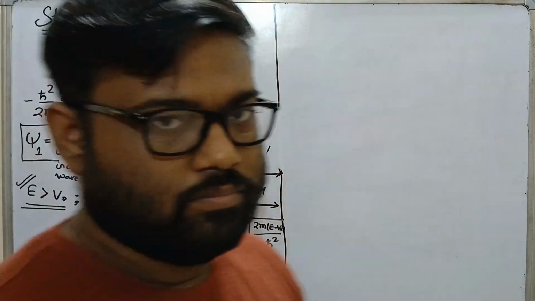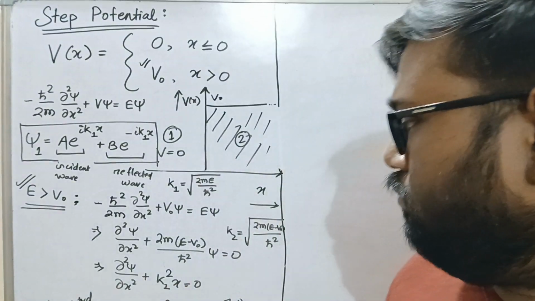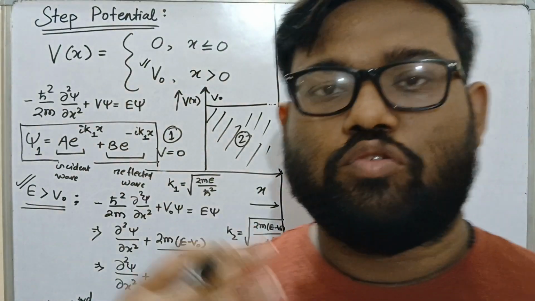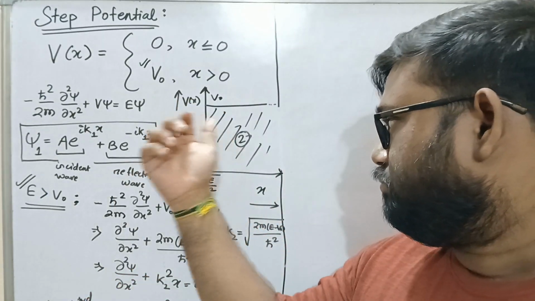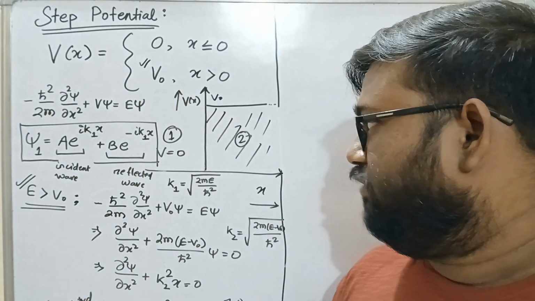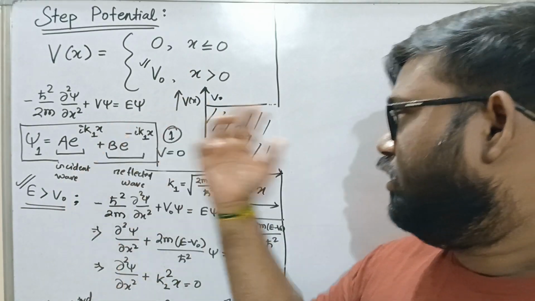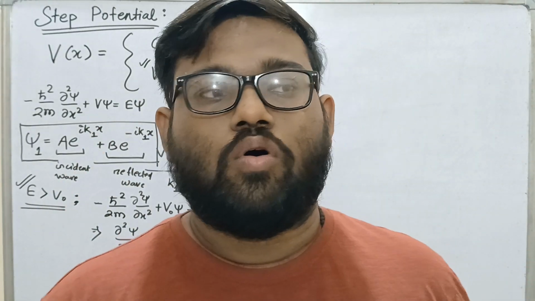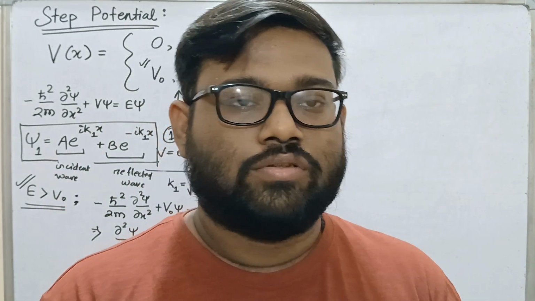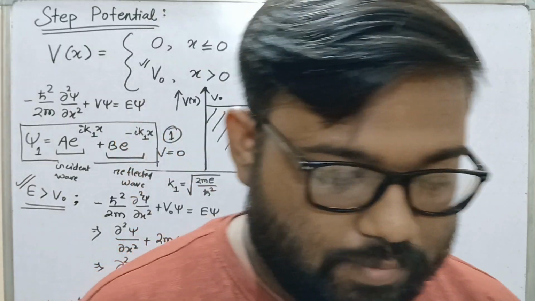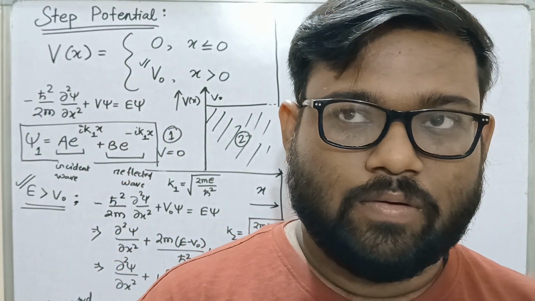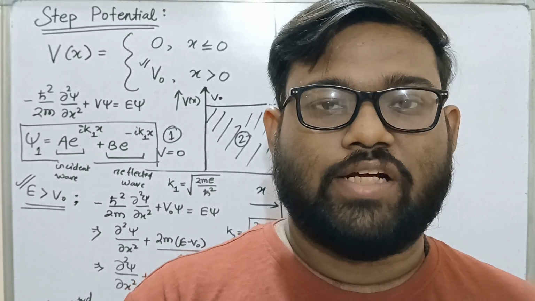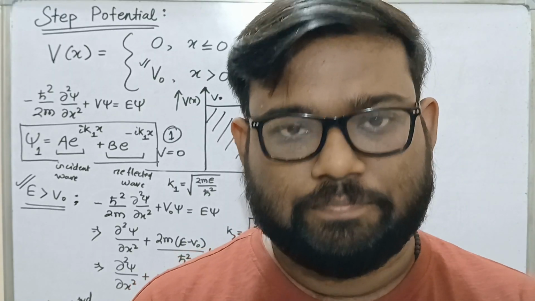Okay, got it. Now what we do in every question of this kind, reflection, incidence, transmission, or particle in a box, all of these questions are always connected by the boundary conditions.